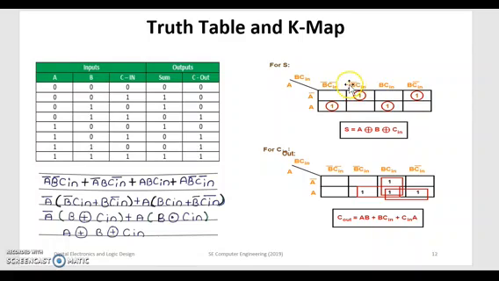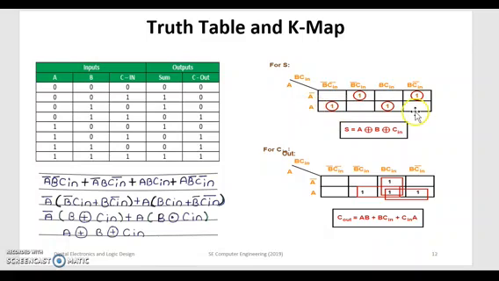When you have 0 1 0, this one, and then 1 0 0, and this A bar means 0. So here again you have to place 1. And the last one, when you have all three variables positive, A, B and C in.